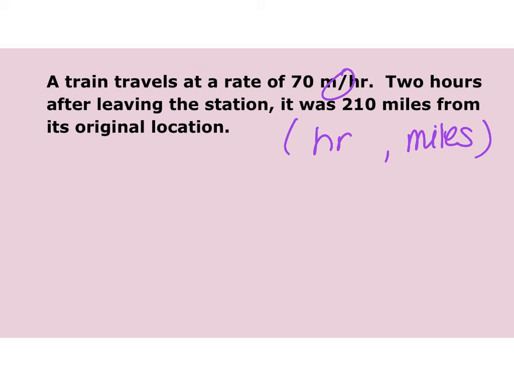So that means if I have a coordinate, my coordinate would be 2 and then 210, right? Well, 70 would be our slope because that is a unit rate or a rate at which something is happening.